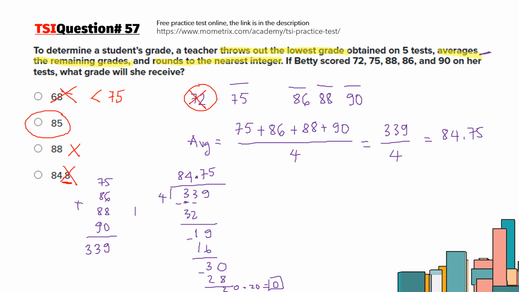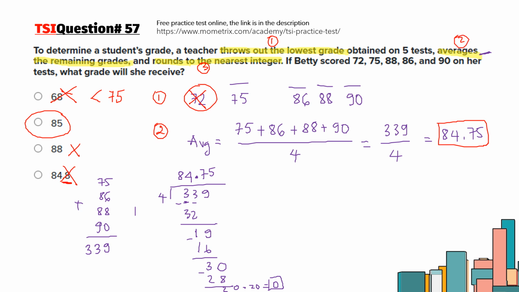But this is only the second task. Remember, the first task is to eliminate the lowest score, the second is to find the average of the remaining grades, which is this one, but then the last task is to round to the nearest integer for the answer.